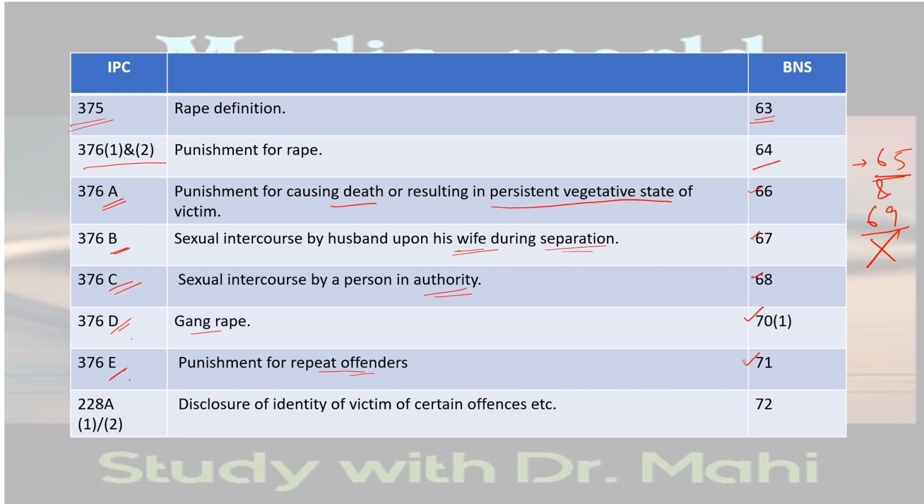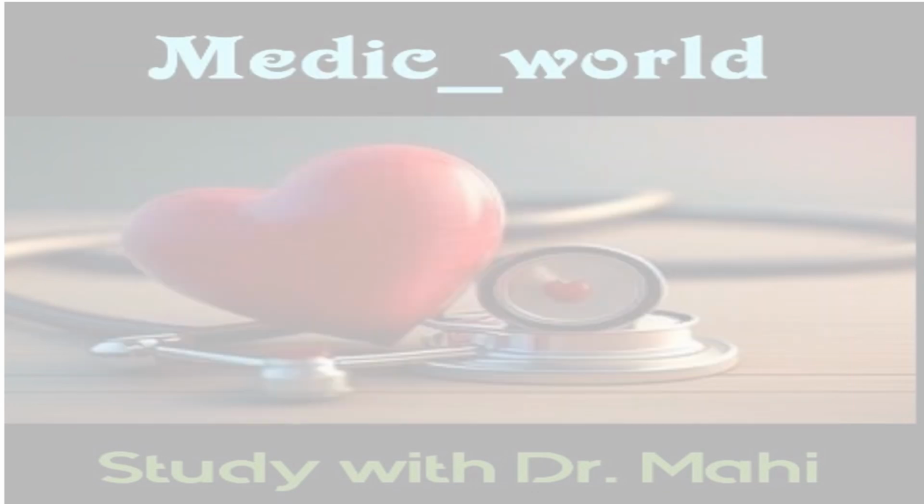Now 72. This was 228A, that is, telling others and disclosing the identity of the victim. So 2 to 8. Now 2 is there, na? So here also 2, and which 2? That is 72. We have completed it.